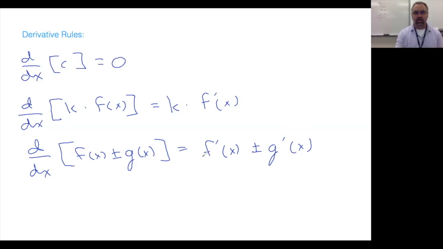The power rule was our first big rule. We finally learned how to derive something, and it came out of the power rule. It came out of the limit.